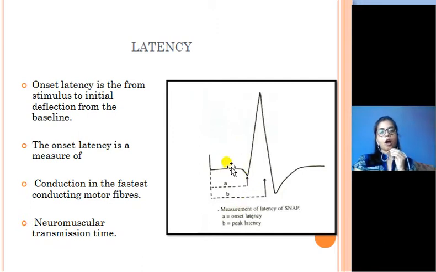I'll repeat, onset latency is the time in milliseconds from the stimulus artifact to the first deflection from the baseline. Onset latency is the measure of the fastest conducting nerve fibers and neuromuscular transmission time, the conduction from the presynaptic to the postsynaptic neuromuscular junction.